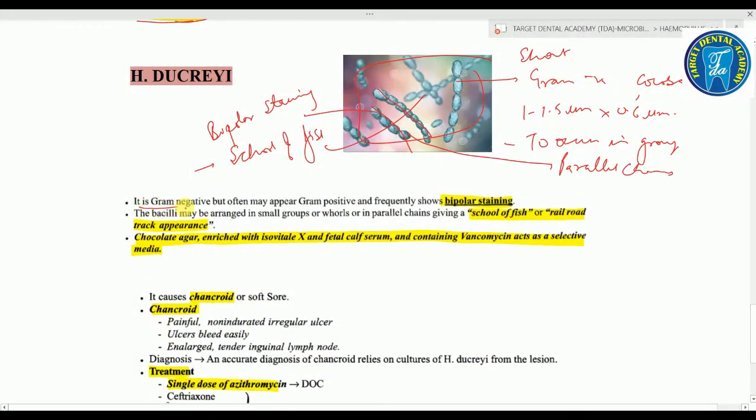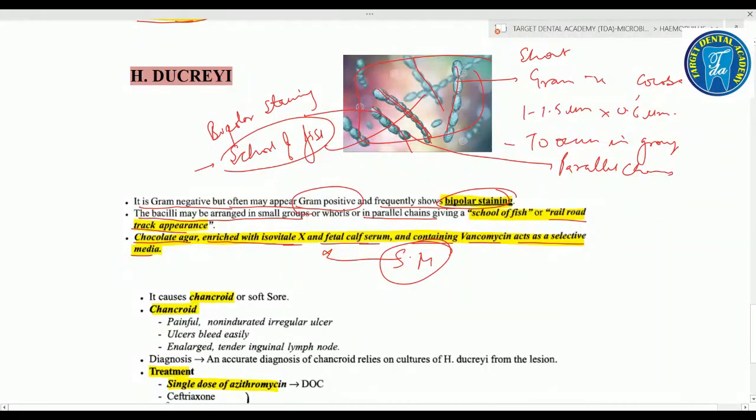It is gram-negative but often may appear as gram-positive, frequently showing bipolar staining. The bacilli may arrange in small groups or in a parallel chain, which gives a school of fish or railroad track appearance. Chocolate agar enriched with isovitalex or fetal calf serum and containing vancomycin acts as a selective media.